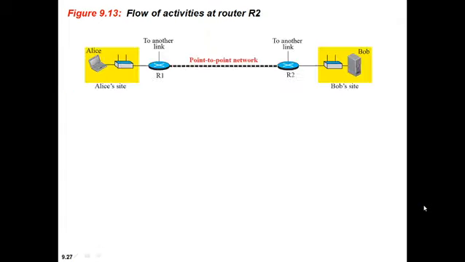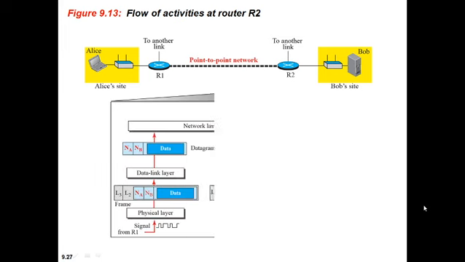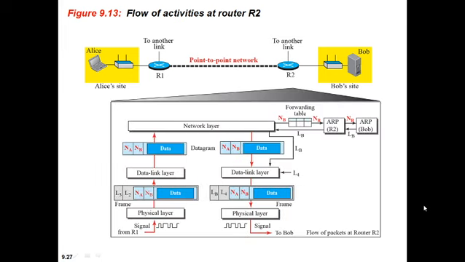At R2, the same activity is followed. Again at the physical layer, the signals received from R1 are sent to the data link layer, the frame is decapsulated and sent to the network layer, and again it finds NB's IP address in the forwarding table. It sends an ARP request to find out NB's logical link address.